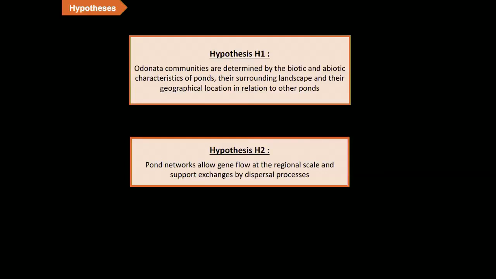And the second hypothesis is very important because if you have two ponds with good habitats, the important thing is that individuals can disperse between your ponds. The second hypothesis was that pond networks allow gene flow at the regional scale and support exchanges by dispersal processes.